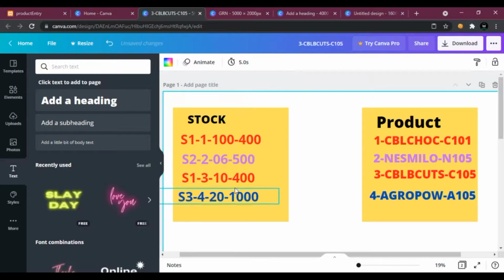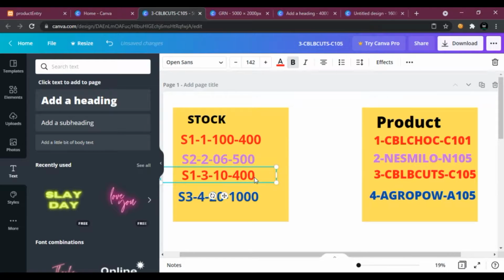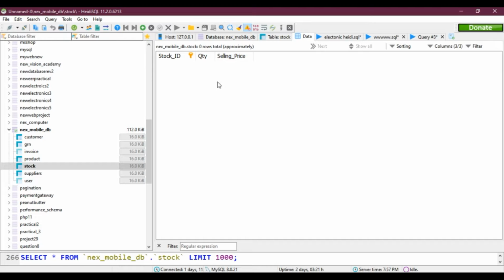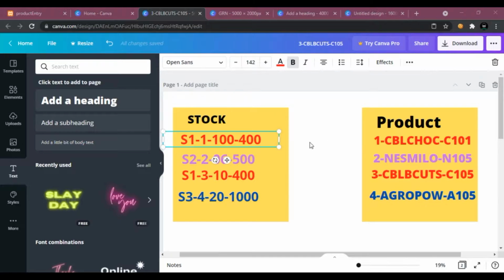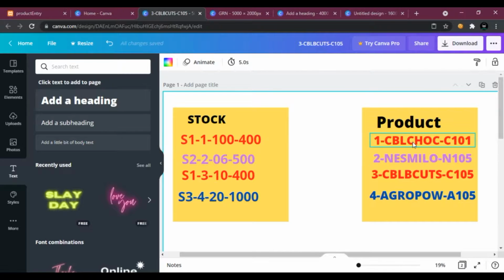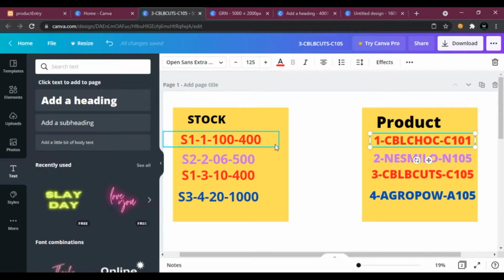So you can see here, what is the relationship here? Let me figure out the relationship real quick. So basically, many products can be in one stock. One stock can contain multiple products, like this 1 and 3.